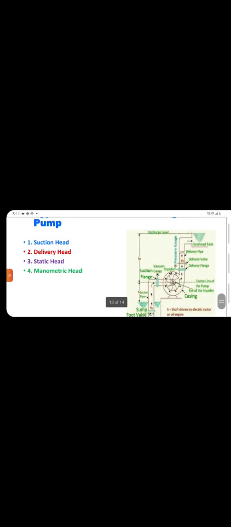Types of head of centrifugal pump: suction head, denoted by Hs, delivery head, denoted by Hd, static head and manometric head. What is suction head? Look at this diagram, suction head is the vertical height of the center line of the centrifugal pump above the water surface in the sump from which water is to be lifted.